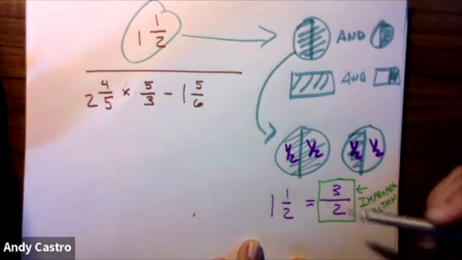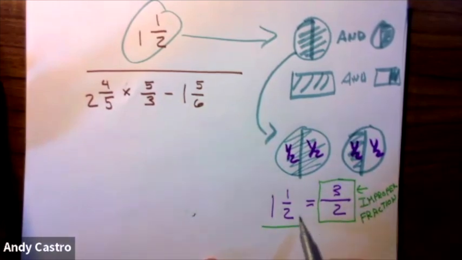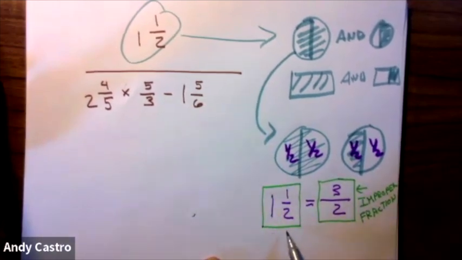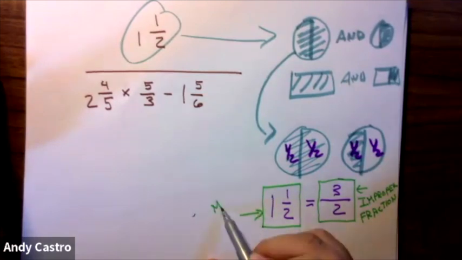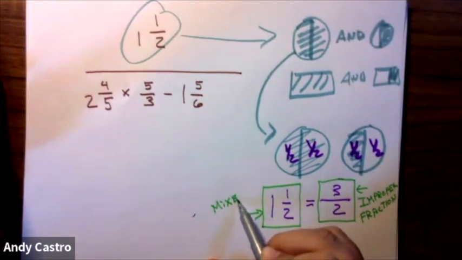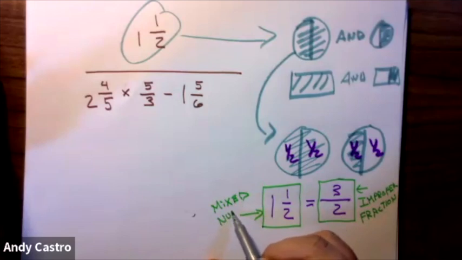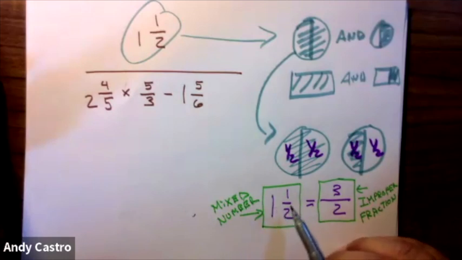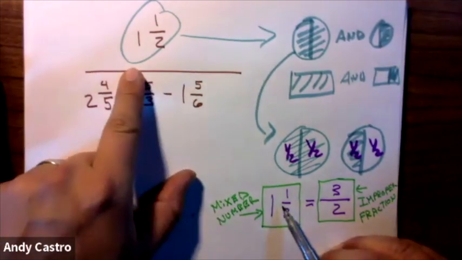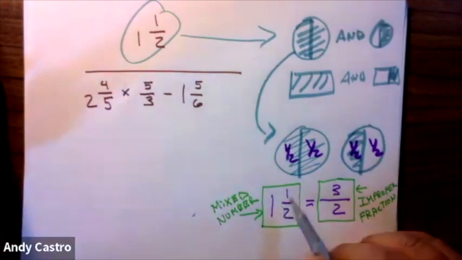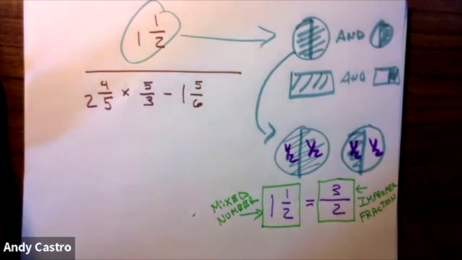Okay. This expression here, which is the same thing, is known as a mixed number. And it's a mixed number because we have two numbers together that represent the idea. So here we have 1 1/2. Here we have 3 halves. It's the exact same thing.